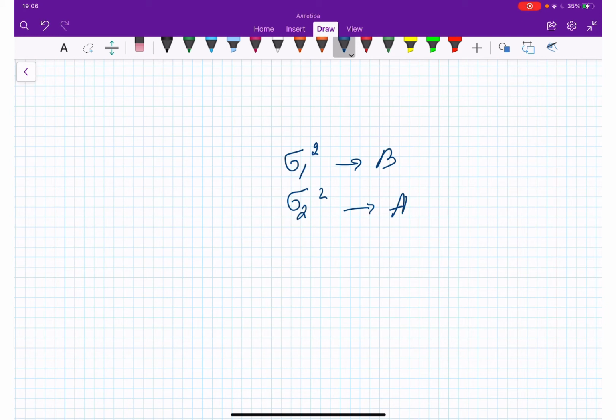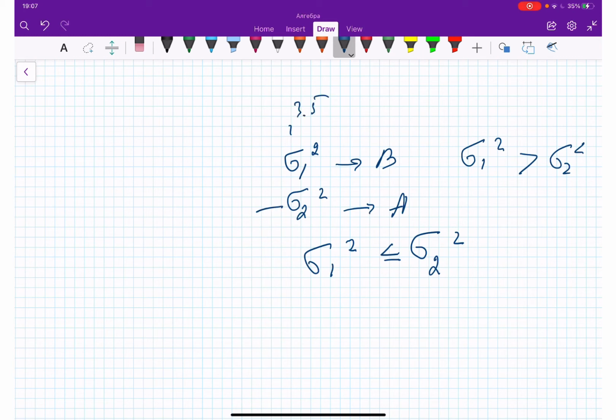Since company A claims that the variance of life of appliances is less than the variance of life of company B, we write sigma 1 squared is less than or equal to sigma 2 squared. Sigma 1 squared was 3.5, I believe, and sigma 2 squared was 2.5.